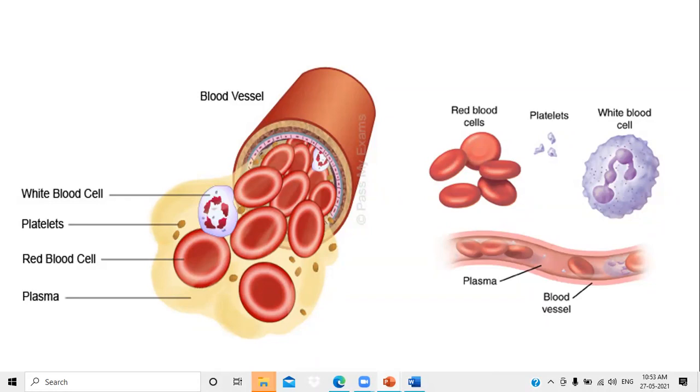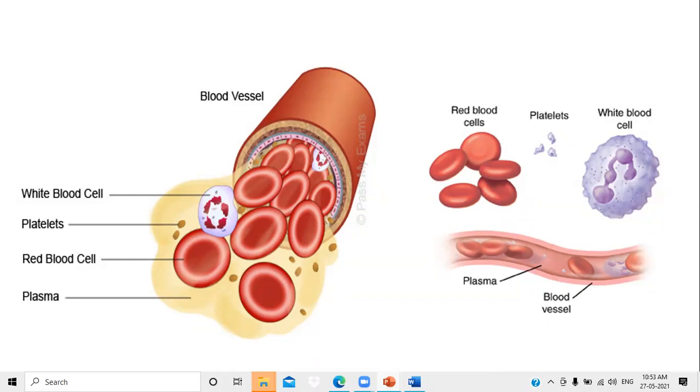You have red blood cells, white blood cells, and platelets. Those are the blood cells that swim in the plasma. Each one of those cells is responsible for its own job. The first thing is the red blood cells.